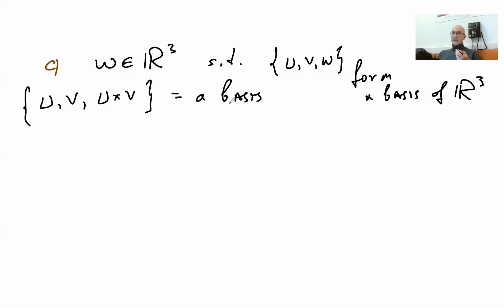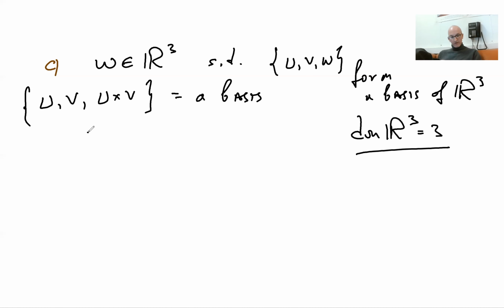So basically, if you just grab randomly some vector, you're probably going to get a basis. The only thing you have to check is that your three vectors are linearly independent, because if they're linearly independent, they form a basis in this case, because they span a three-dimensional subspace of R3, which must coincide with R3 because the dimension of R3 is 3.